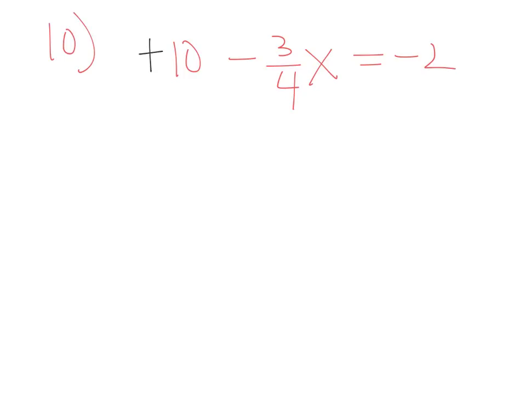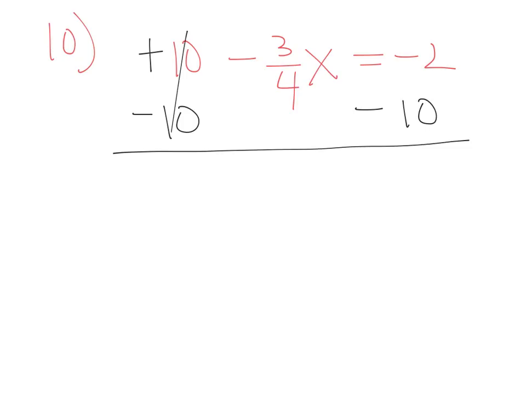Problem 10. We have 10 minus 3/4 x equals -2. First thing I'm going to do is I'm going to get rid of this. This is a +10, so I'm going to minus 10 from both sides. What I have left is not 3/4 x. I have -3/4 x equals -2 and -10. They're all negative, so I have -12 left.